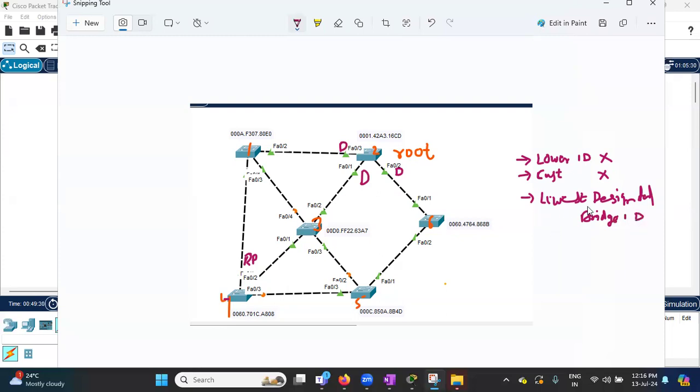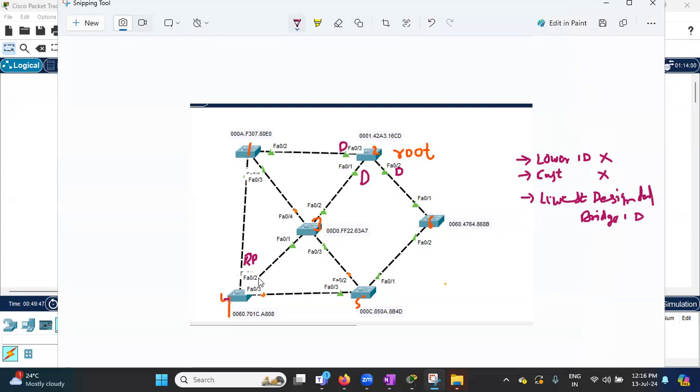Now you need to find out the lowest designated bridge ID. Which switch is sending the lowest designated bridge ID?